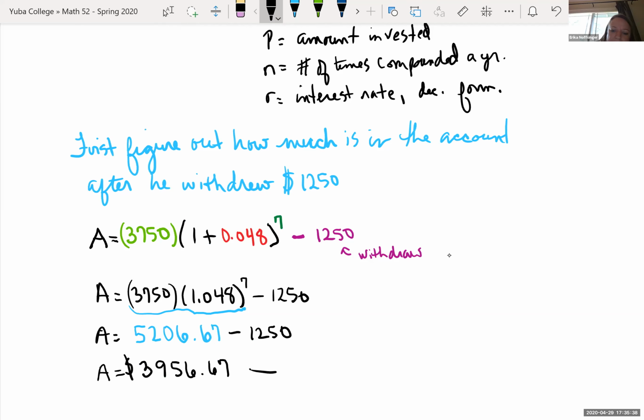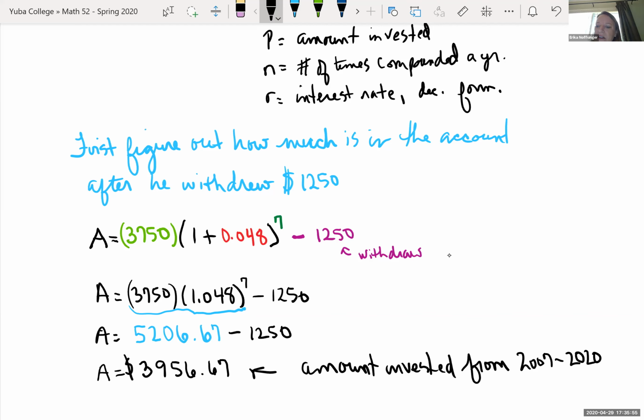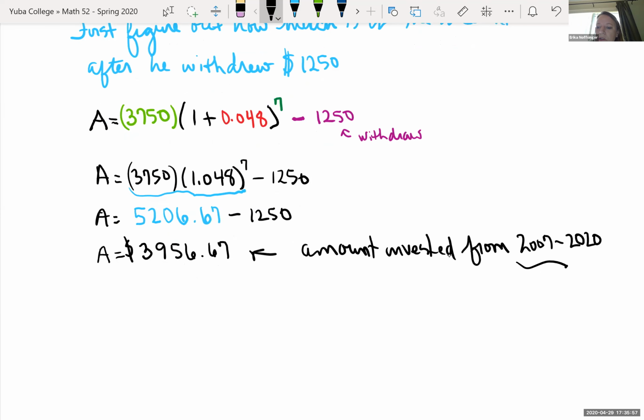So this is the amount invested from 2007 to 2020. And so here, time is equal to 13.